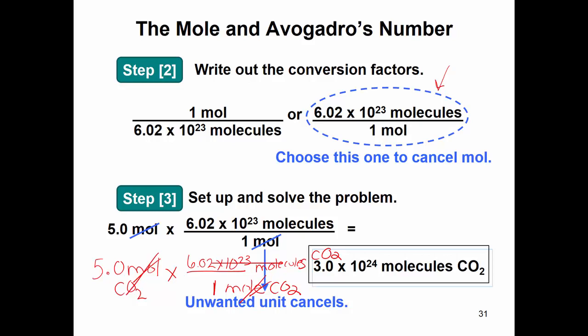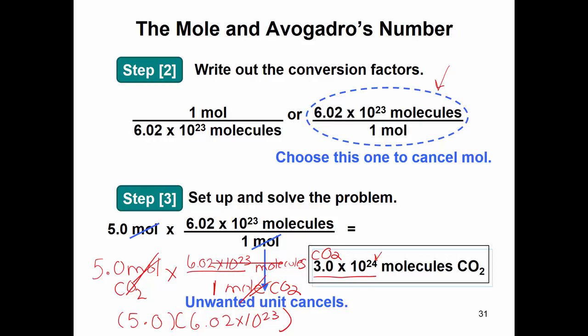Here we run into calculator issues. Be sure, most calculators, you need to put it in parentheses. 5.0 times 6.02 times 10 to the 23rd. Put those both in parentheses and multiply them, and you should get 3.0 times 10 to the 24th.